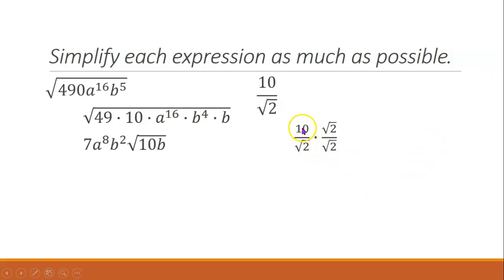So when we do this, on top we have 10 times the square root of 2. On the bottom we have the square root of 2 times itself, the square root of 2 squared, which is 2. And we have rationalized the denominator, but now we can take 10 over 2. 10 divided by 2 is 5, so our final answer is 5 times the square root of 2.